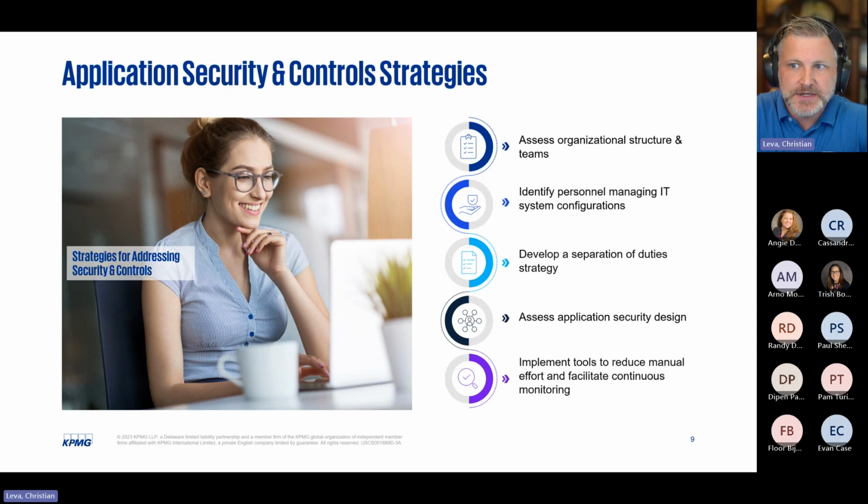So we have to understand things like, how are our teams structured today, right? Who are the individuals who are approving transactions? Who are the individuals who are initiating? Who are the individuals that are maintaining our system configurations? And then ask ourselves, is that appropriate, right? Based on the things that we talked about today, does it make sense for them to do it? And then we start to identify who are the correct folks in that role.